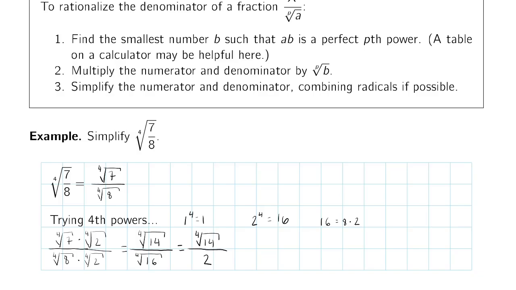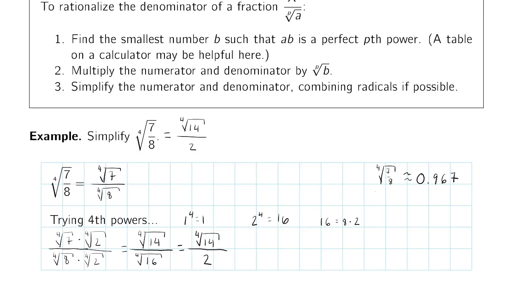So the fourth root of 7/8 simplifies to the fourth root of 14 over 2. And again, when I say that those are equal, I really mean equal. If we throw this into the calculator, the fourth root of 7/8 is about 0.967.